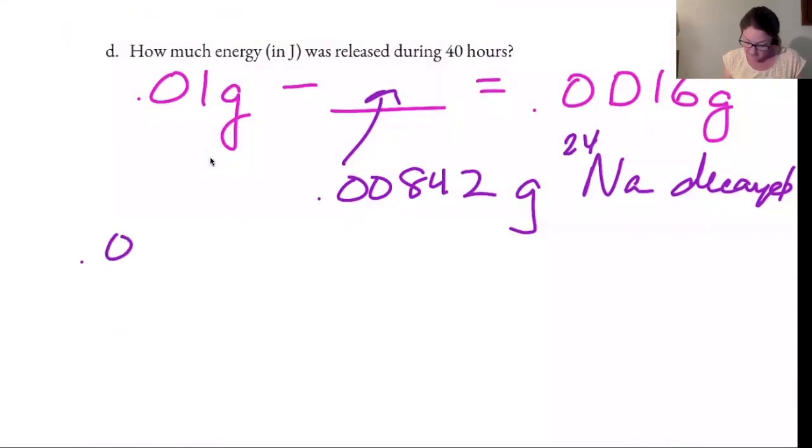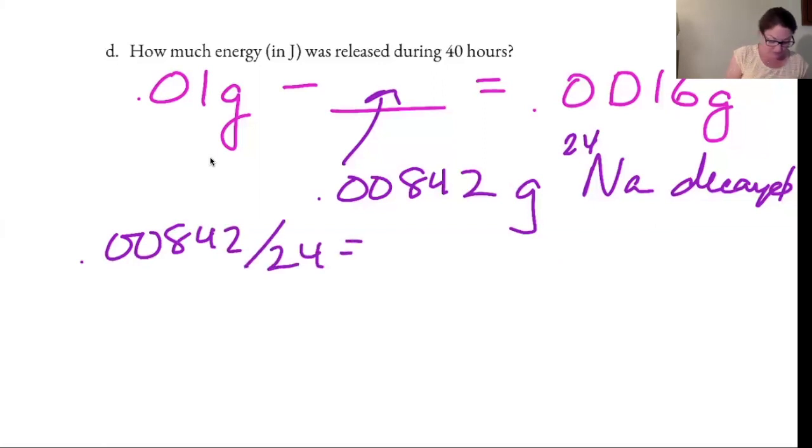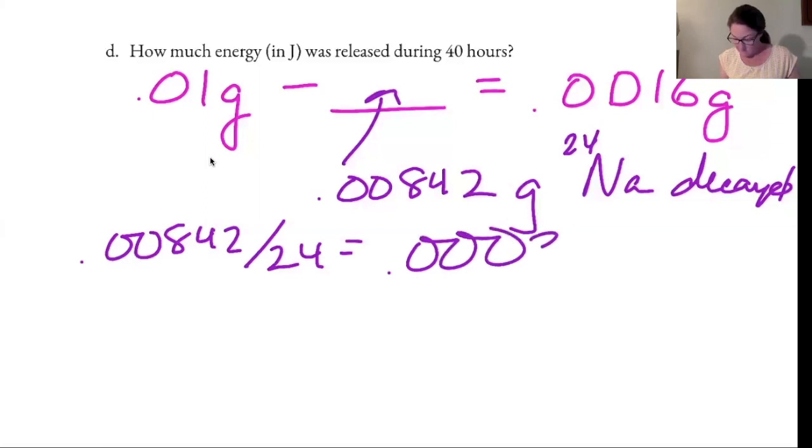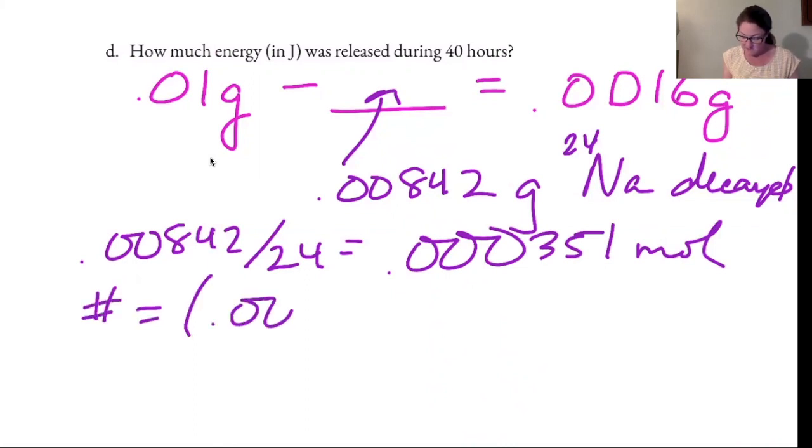So 0.00842, I'm going to divide by the molecular weight to get the moles. And now I'm going to multiply by Avogadro's number to get the number of atoms.